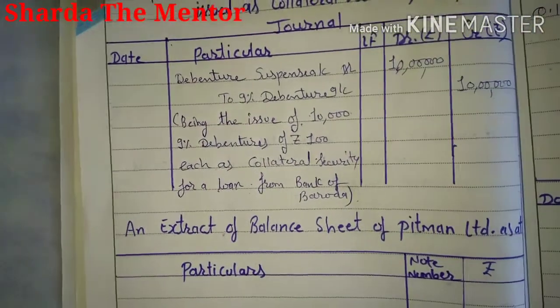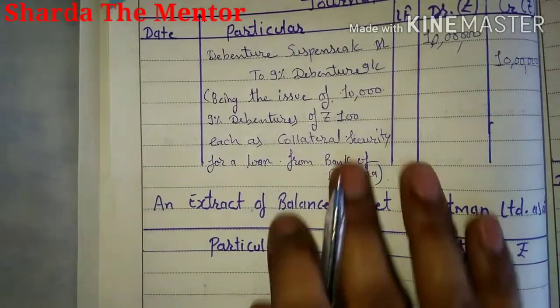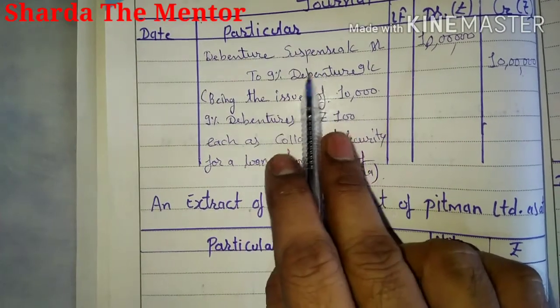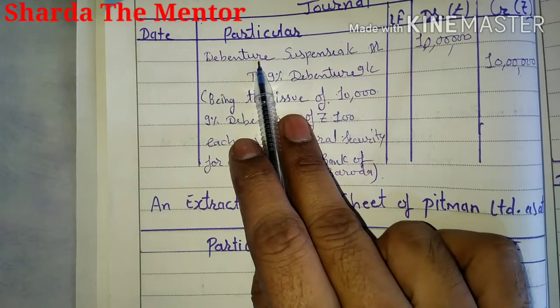Now actually we have transferred that amount, whatever be the debenture account, to the debenture suspense account.